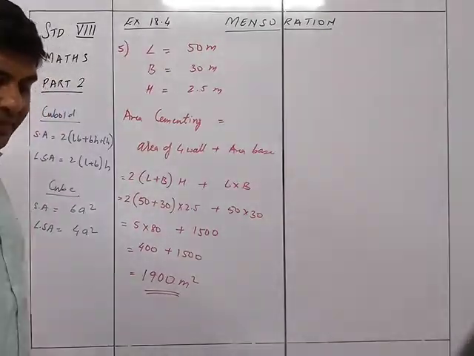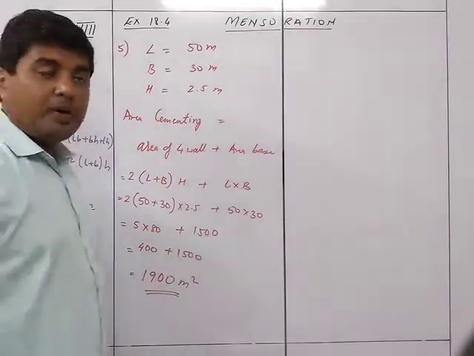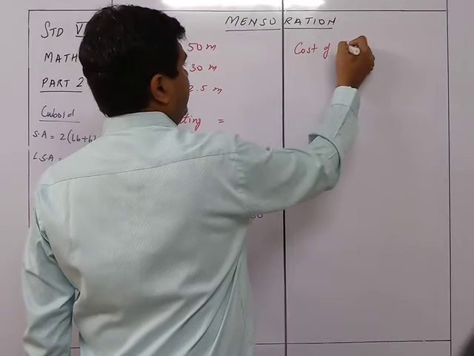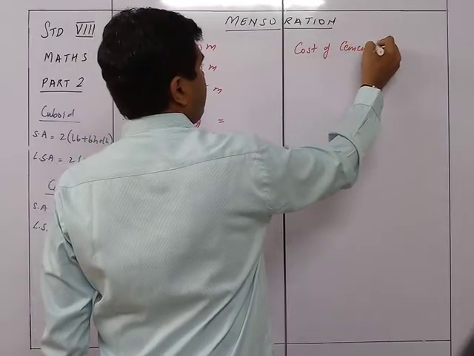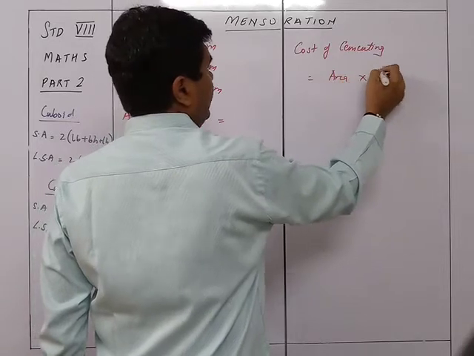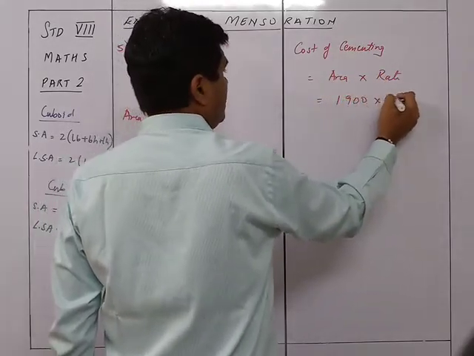Now they have given us that the cost is 27 rupees per meter square. Therefore, cost of cementing will be equal to area into rate. That will be 1900 into 27.